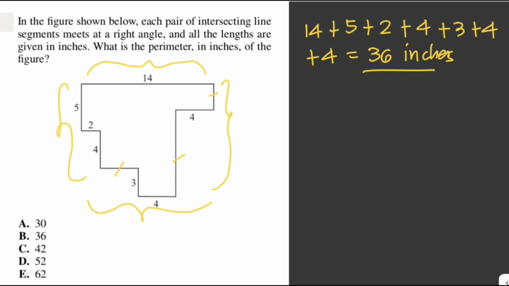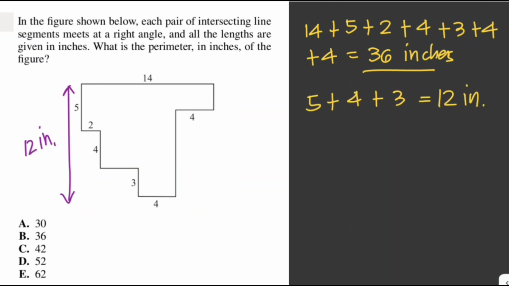The top facing sides are equal to 14. Since we have all the values for the left facing sides, which is equal to 12 inches, therefore the right facing sides also have the sum of 12, this one here.